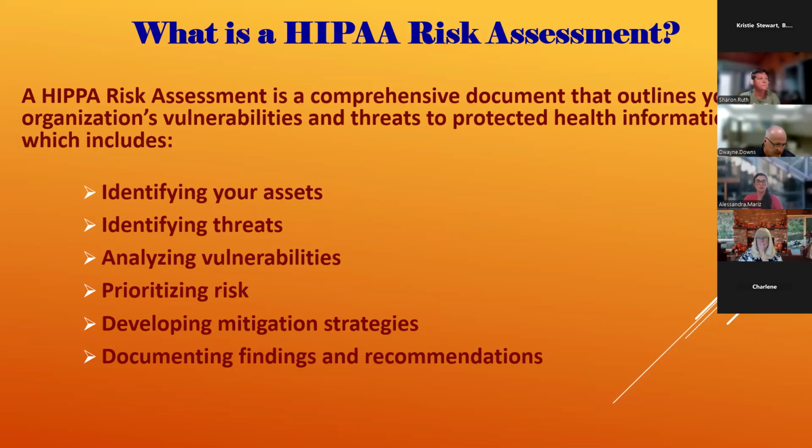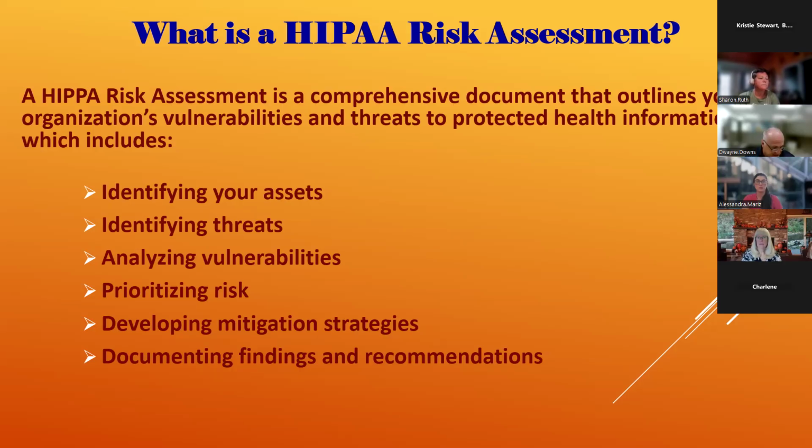So on the risk assessment, you would list all systems, devices, and data that contain PHI. Identify threats, evaluating potential risks from both internal and external sources. Analyzing vulnerabilities, determining how threats could exploit weakness in your system.